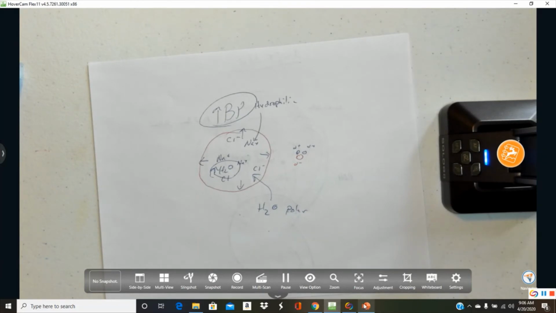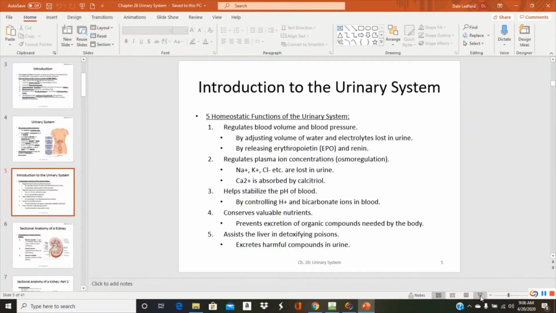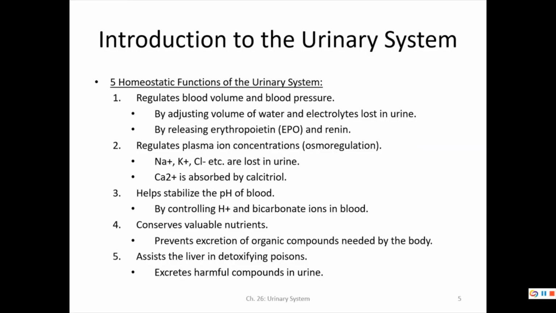And I hope that makes sense and that you can understand why it happens, and I can take that little bit of extra time and show you something to help you grasp that. We also know that erythropoietin will increase the number of red blood cells, which is going to increase the resistance of the blood vessel. You're going to have more red blood cells rubbing against the blood vessel wall to slow down the blood flow, increasing the blood pressure because of increased resistance.